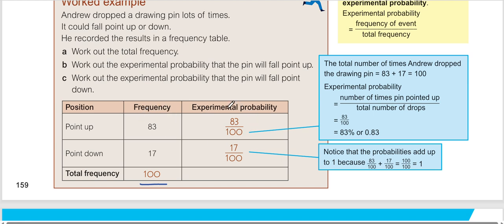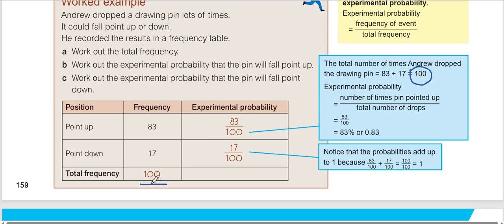Experimental probability means how many times did the pin fall with point up? 83. How many times in total did we experiment? 100. So you write 83 upon 100. The total number of times Andrew dropped the drawing pin is 83 plus 17, which is how we got 100.